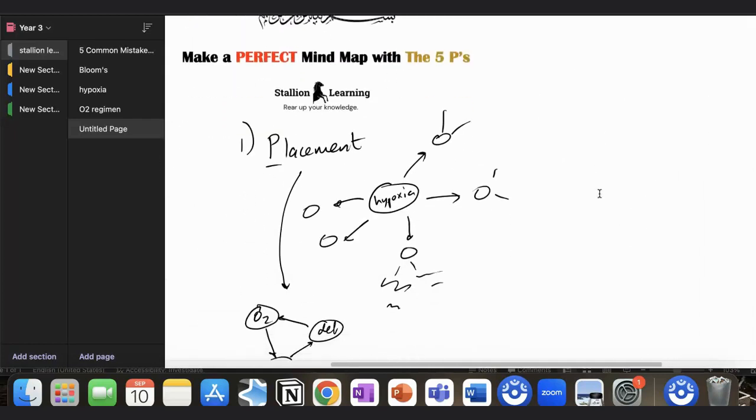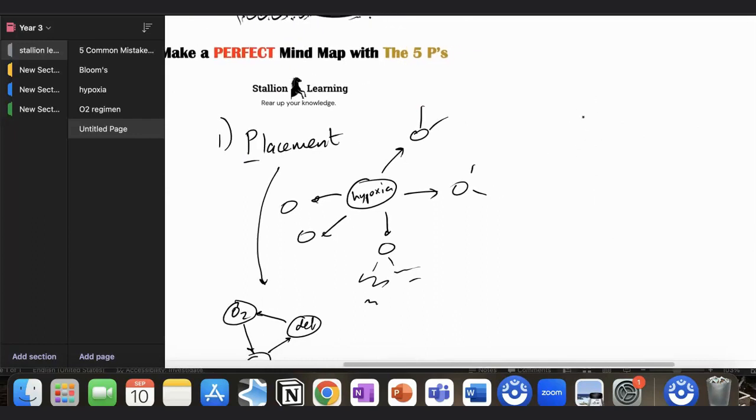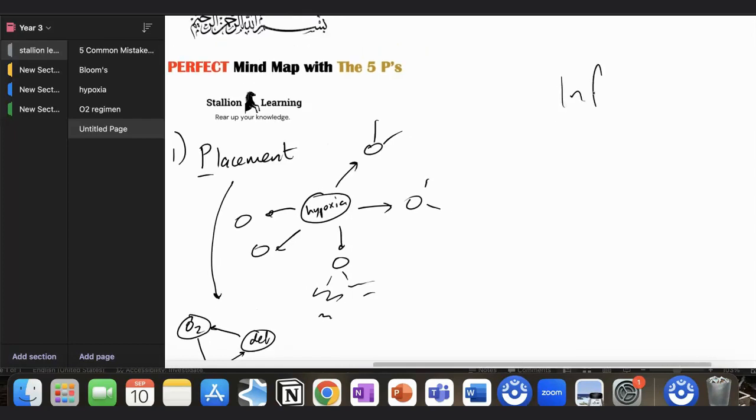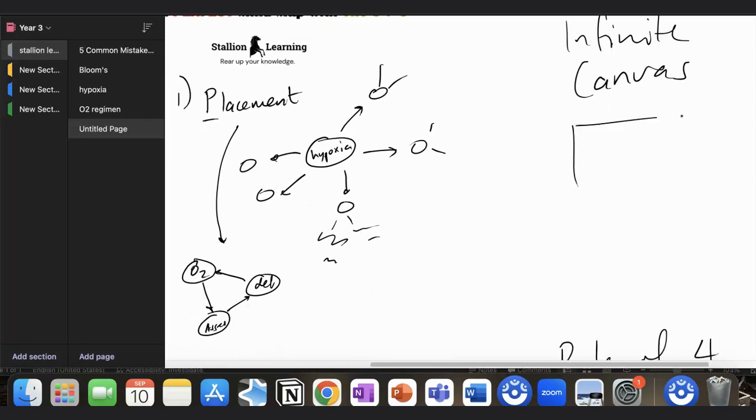And in terms of the apps, what software I would recommend for making mind maps, it's basically anything with an infinite canvas. An infinite canvas is just like a blank page, literally nothing. And as soon as you draw and expand and you go to the limits of the page, it expands more and more.